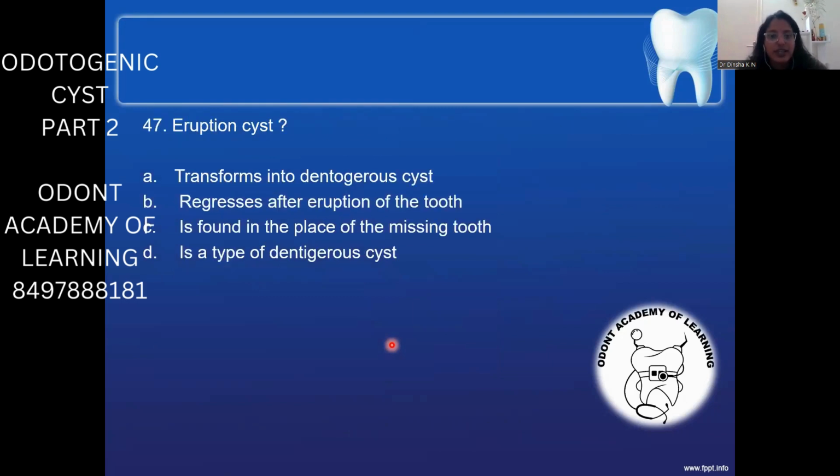Eruption cyst transforms into a dentigerous cyst, or regresses after eruption of the tooth, or is found in the place of a missing tooth, or is a type of dentigerous cyst. So eruption cyst is now considered as one that regresses after the eruption of the tooth.